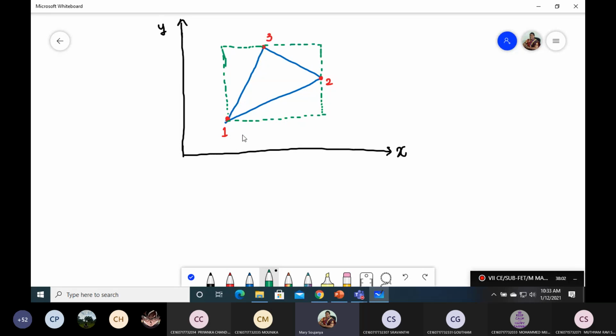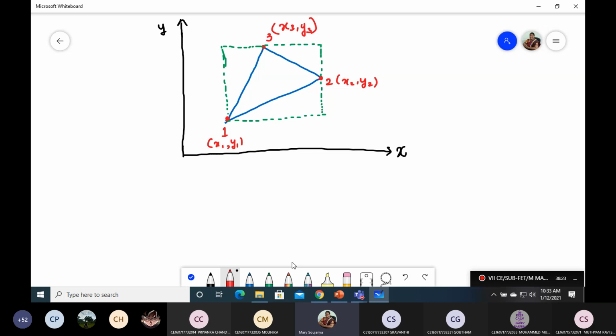What are the vertices we have? x1, y1, x2, y2, and x3, y3.